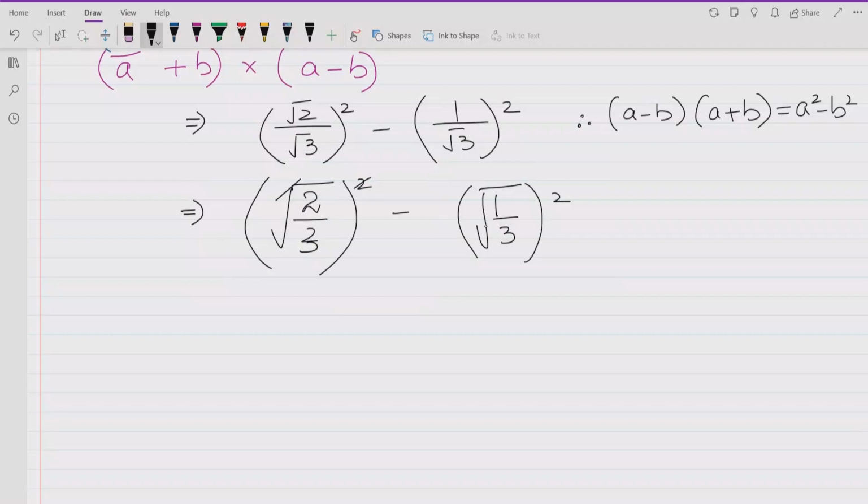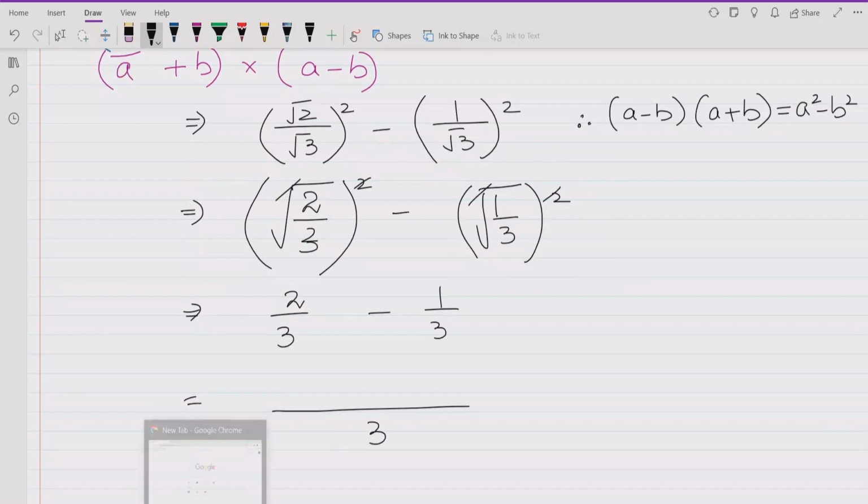The square is cancelled by the root, and we get 2 upon 3 and here also 1 upon 3. Now we will take the LCM. 3 is common, so we get 3 as the denominator, and 2 minus 1 is 1, so the answer is 1 upon 3. This is the answer of this question, right?